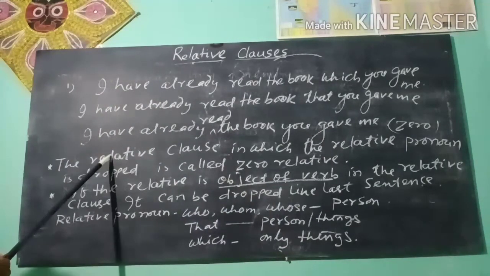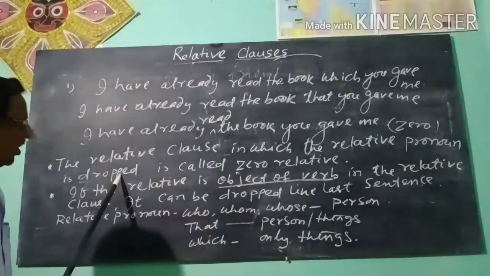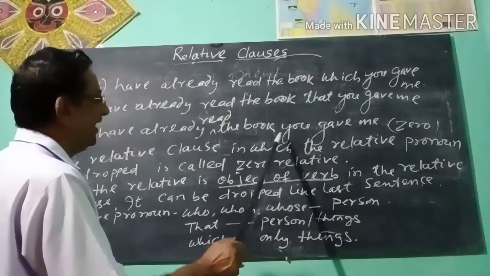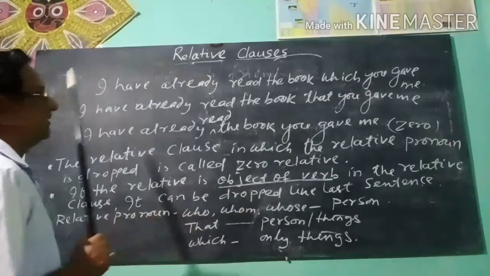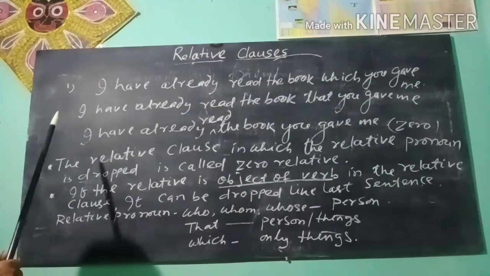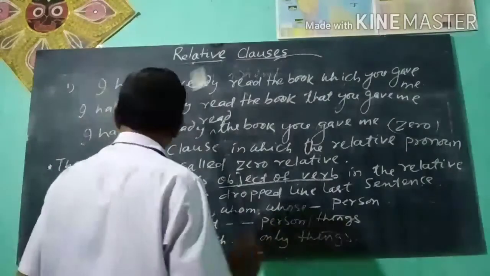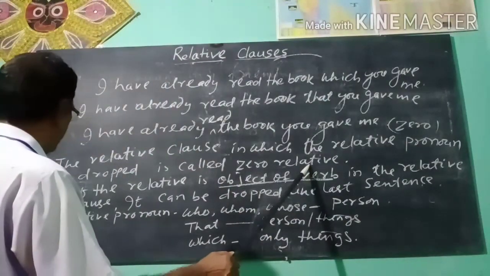The relative clause in which the relative pronoun is dropped is called zero relative. Here, the relative pronouns which and that are dropped.